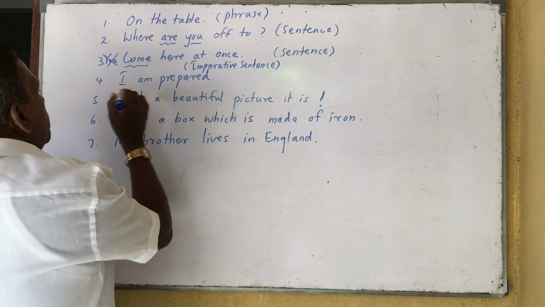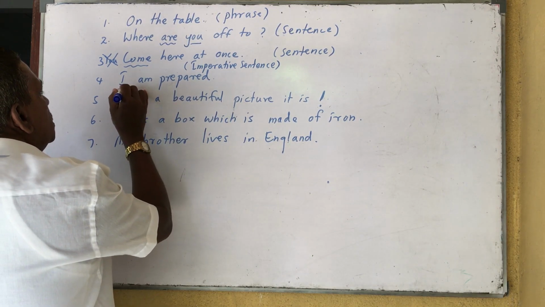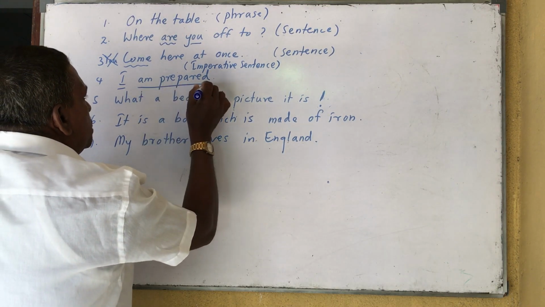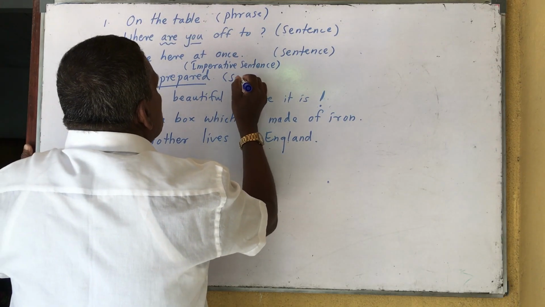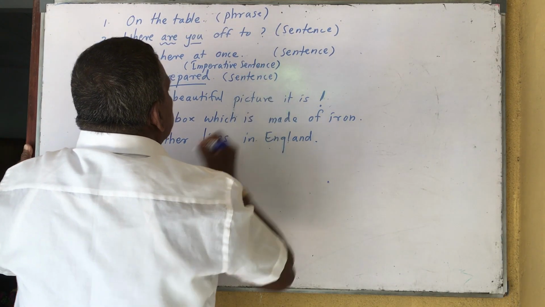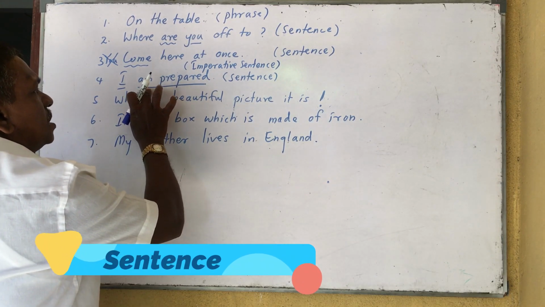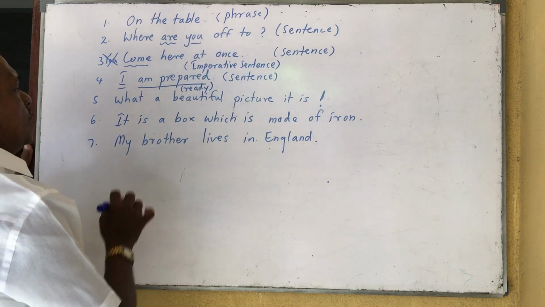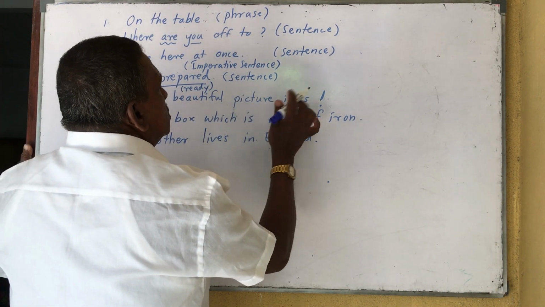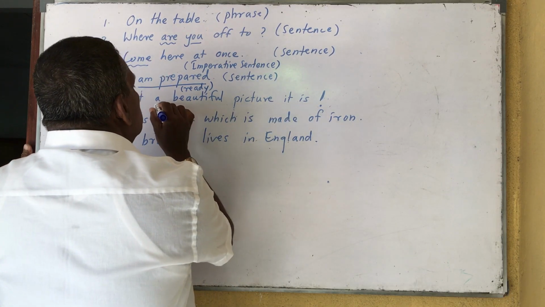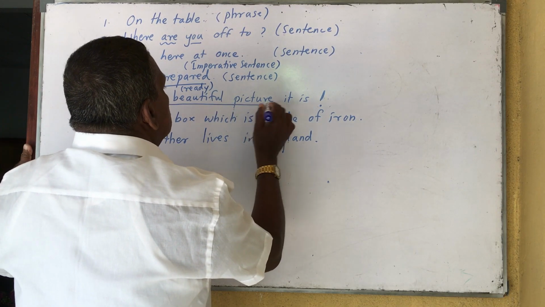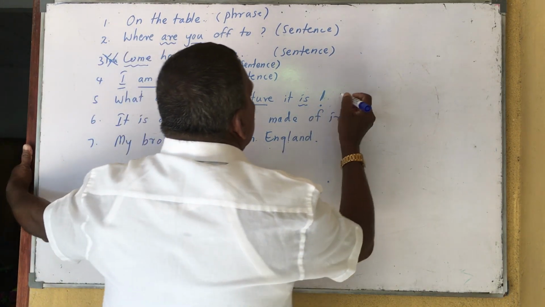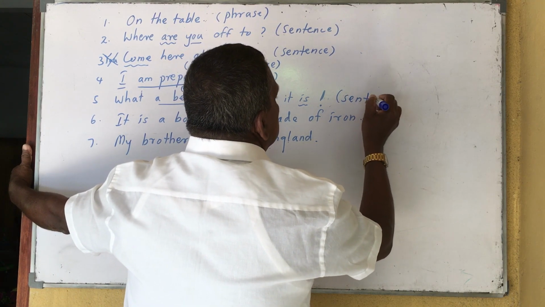This one, I am prepared. You see, subject is I, am is the helping verb. The complete verb is I am prepared. So this is also a sentence. I am prepared means I am ready. What a beautiful picture it is. The subject is a beautiful picture. Then the verb is. So it is also a sentence.